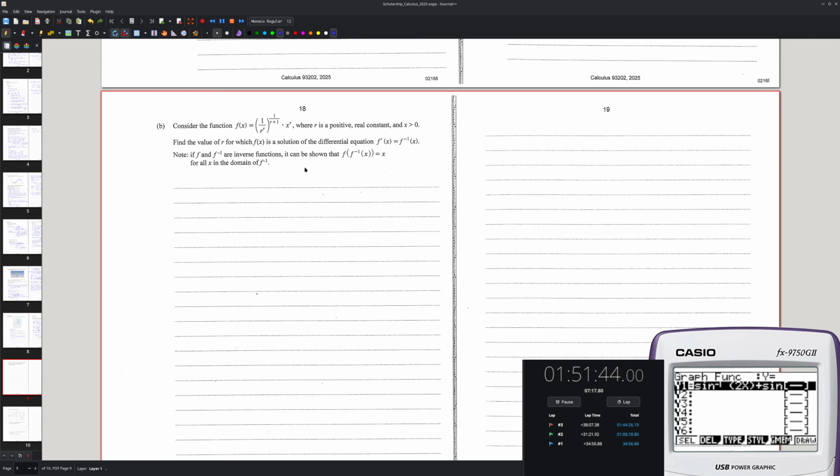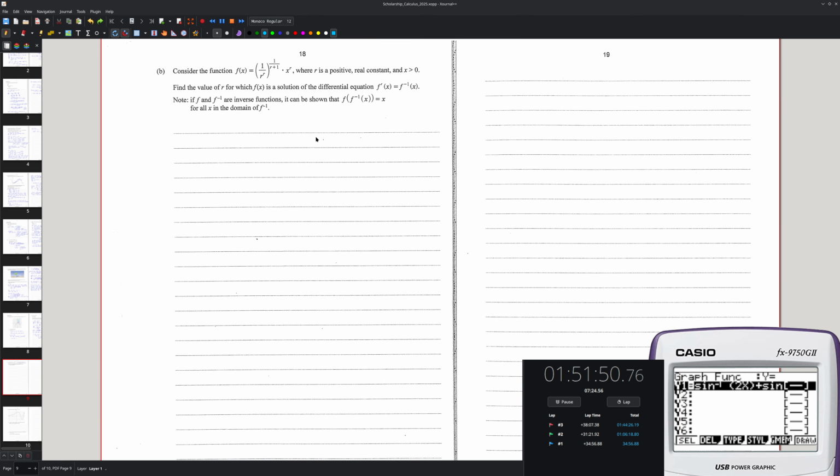Oh, hell no, bro. What is this? R is a positive real constant. Okay, wait, so actually, this entire thing is constant. That's nice. So if f prime x equals f inverse of x, then f prime of x equals x, right?